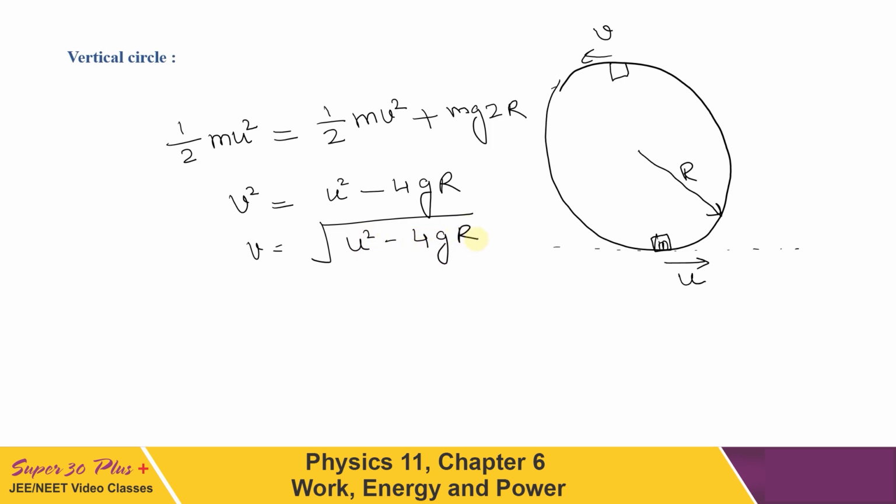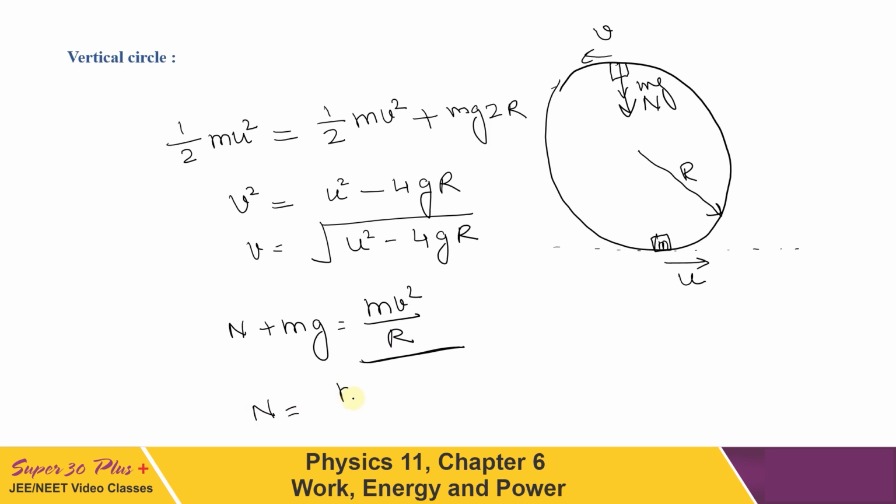Now if it asks for the normal reaction provided by the circular track at this topmost point, then we have to write one more equation, because at this position the downward force has to be equal to N plus mg. So we can write N plus mg is equal to mv square by r, as we know this is the required centripetal force as the vehicle is moving in a vertical circle, and from here we can get the value of N as well.